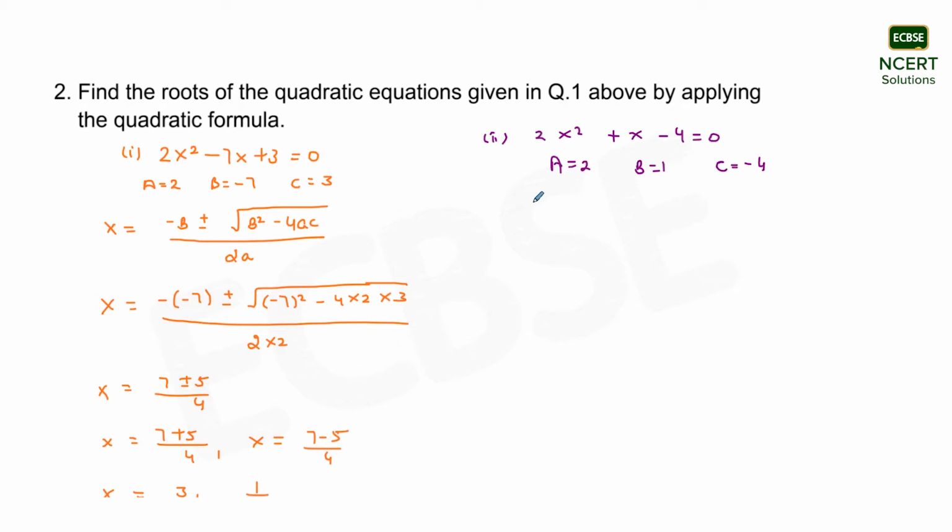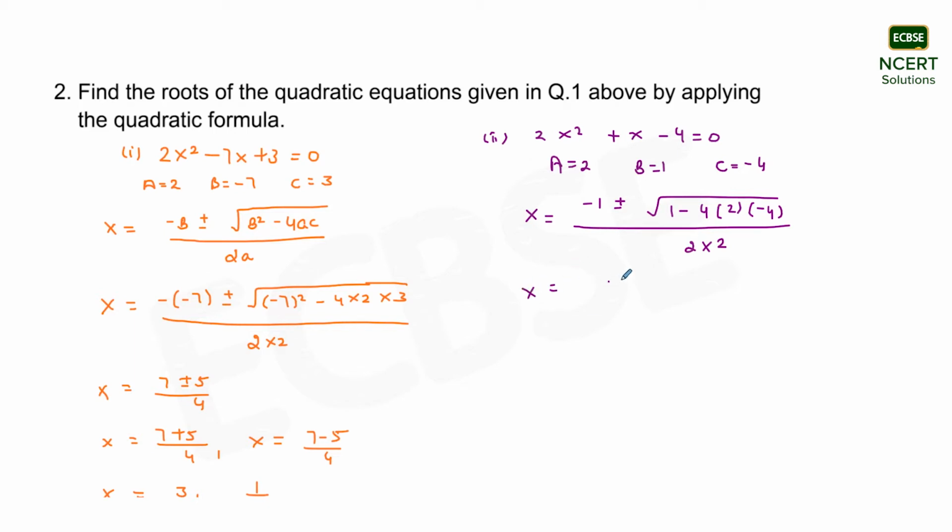Okay, so now applying again the quadratic formula, that is minus b plus minus root b square minus 4ac divided by 2a. Substituting the values, here it will be minus 1 plus minus root 1 minus 4 into 2 into minus 4, divided by 2 into 2, that is 2a.